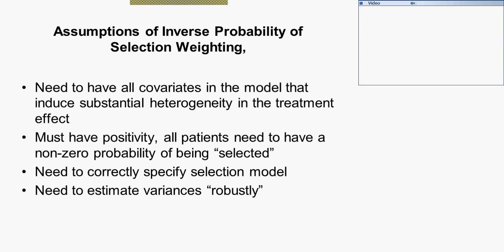We need that everyone has some positive probability of being in the subcohort. So if there are patients who can't possibly be represented in that subcohort, then we can't talk about a treatment effect in the overall population. And then we also need to get the models right, as always. And we need to use estimating equation or robust statistical methods to correct the standard errors, to deal with the weights.